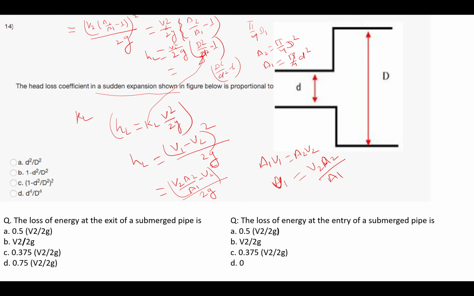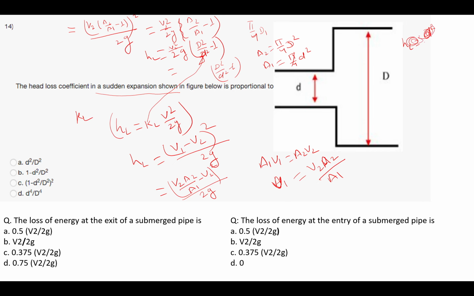So what will you do? Here this HL is expressed in terms of V2. When you calculate in terms of V1, the expression will come differently.